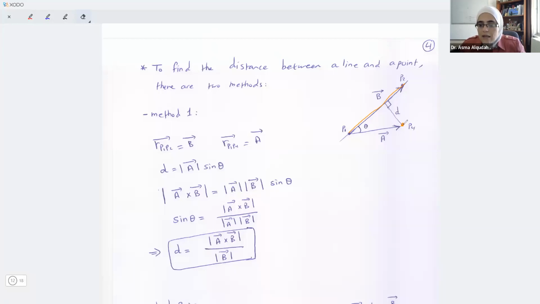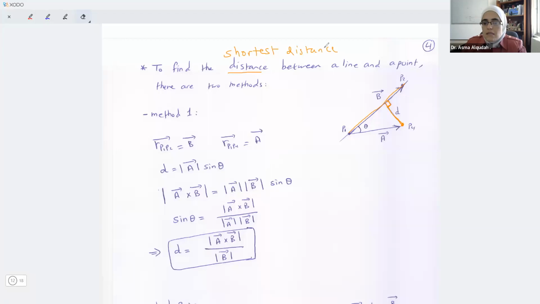So this line D should make a 90 degrees angle with the vector B, or the line P1, P2. So the distance is always meant to be the shortest distance, which is the perpendicular distance to the line.